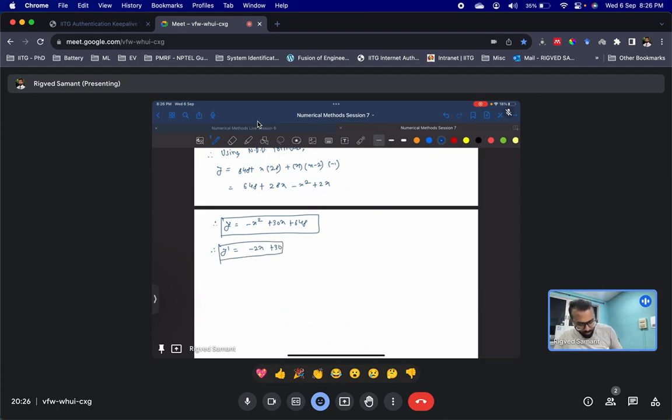Now basically you want to find y of 4, so you will put a 4 in here. So minus 4 square plus 30 into 4 plus 648.